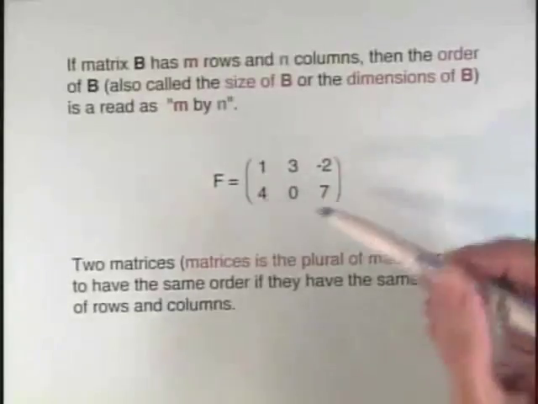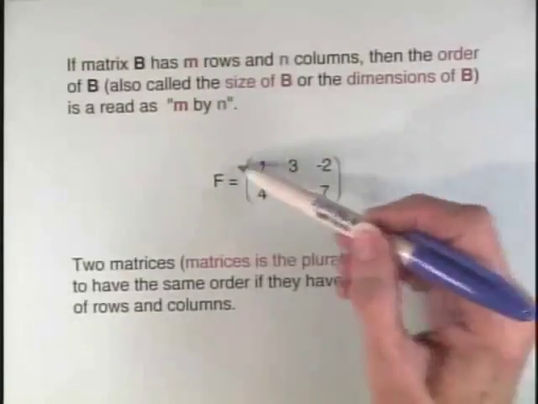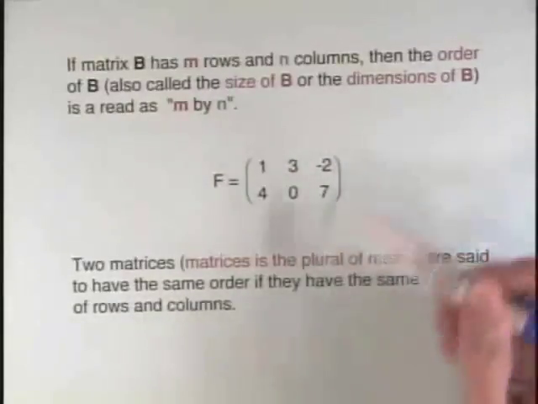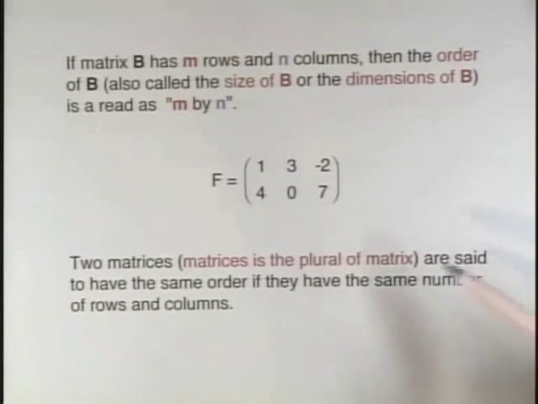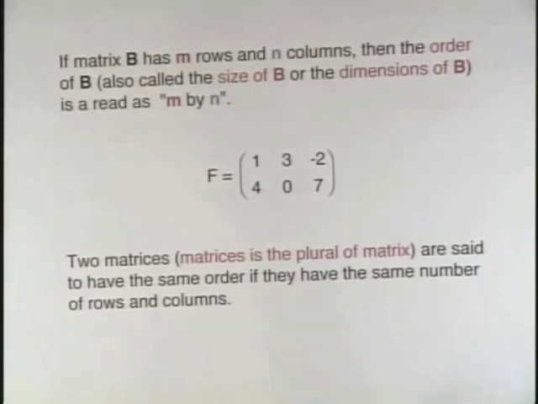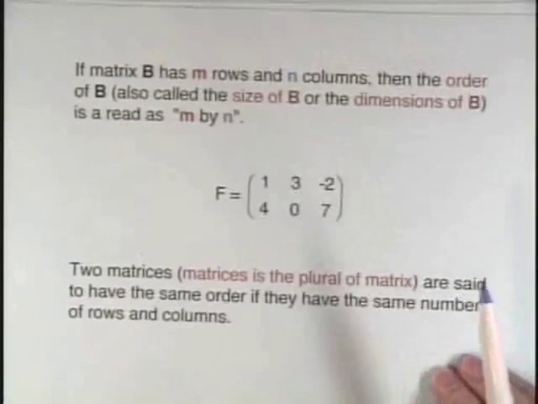Note that F is not a 3 by 2 matrix, that would have 3 rows and 2 columns. 2 matrices, matrices is the plural of matrix, are said to have the same order if they have the same number of rows and columns.